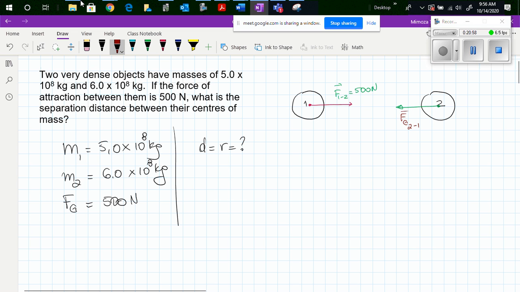The gravity object 2 is experiencing as a result of object 1 is equal to 500 newtons. And what they are asking for is the distance between the two centers. So is this one here.